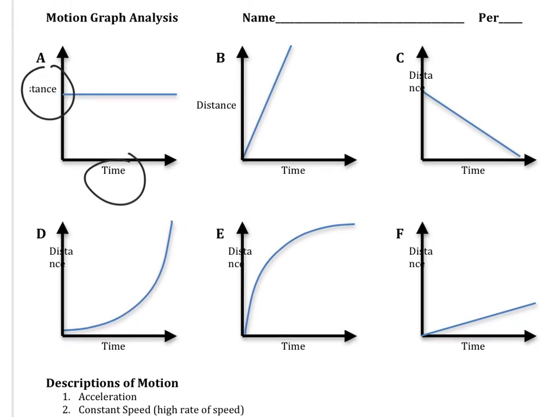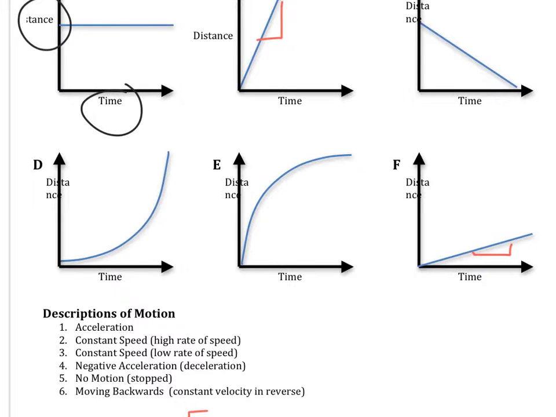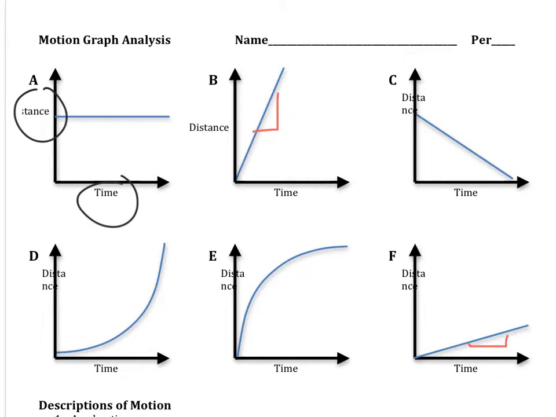The other graph here that has a positive slope and is a straight line is F. Between B and F, we can tell that the slope of line B is greater than the slope of F. It's a constant speed because it's a straight line, but we know it's a high rate of speed because the slope is larger than the slope of graph F.